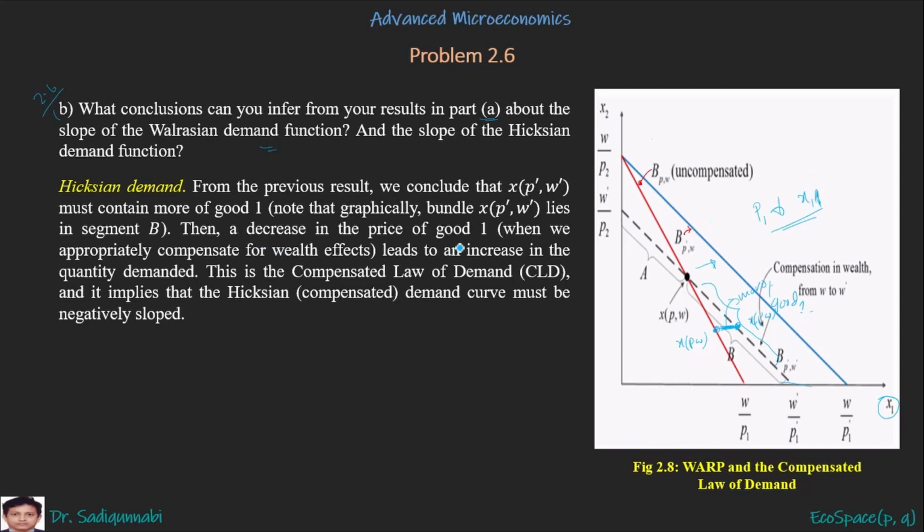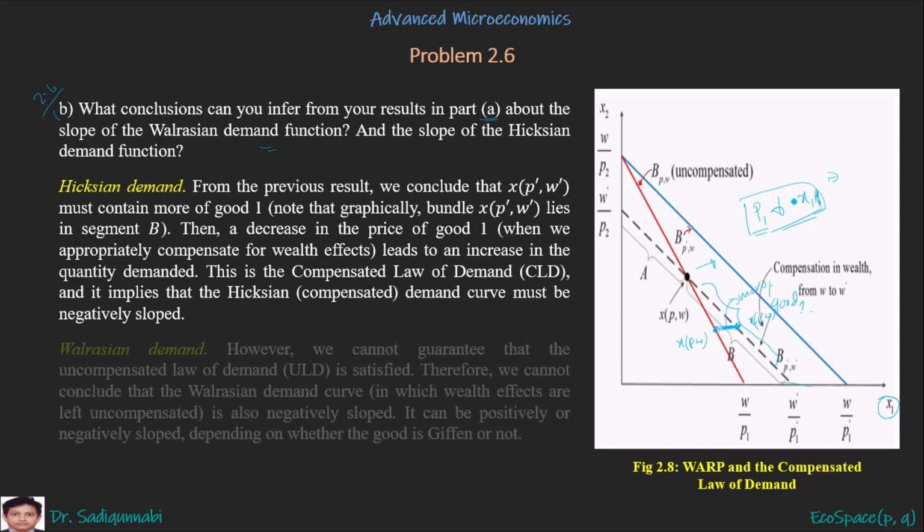This is the compensated law of demand, and it implies that the Hicksian demand curve must be negatively sloped. So because of this relationship, Hicksian demand is negatively sloped. So this is the inference about the Hicksian demand.